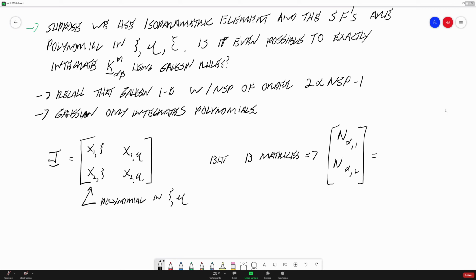This is equal to the inverse transpose of N1 xi, N2 nu. These are not polynomials.